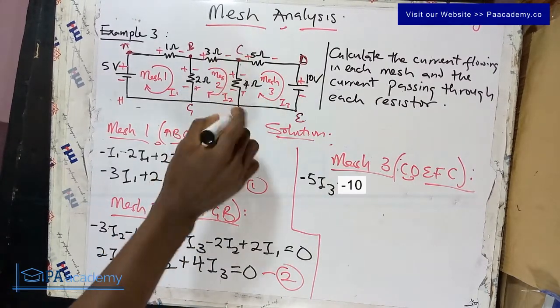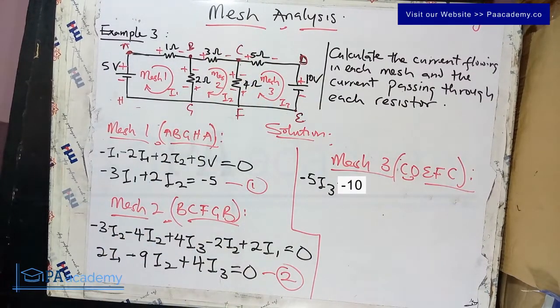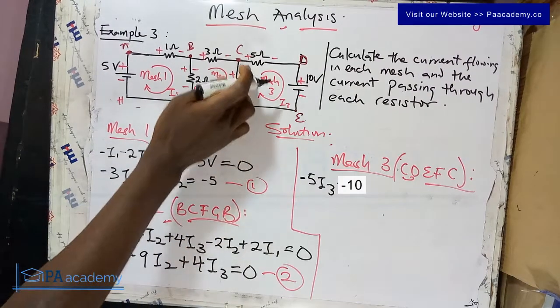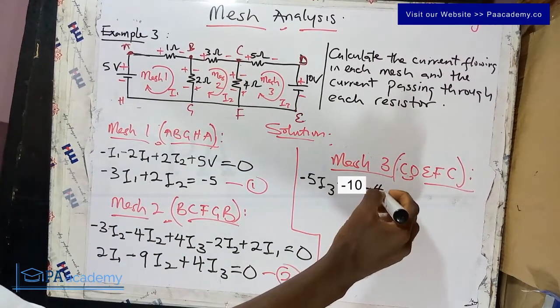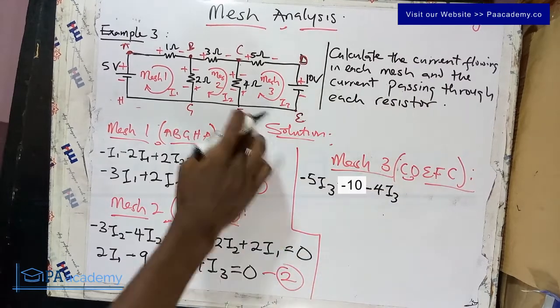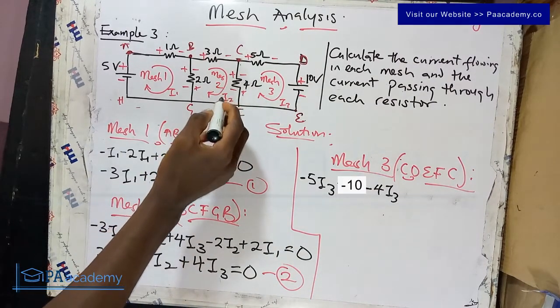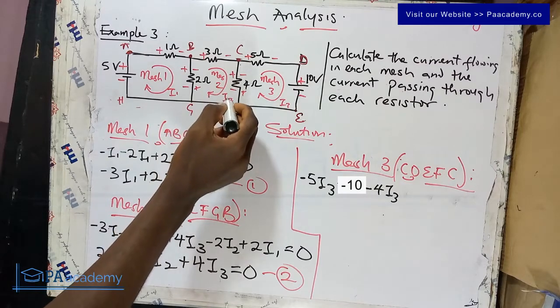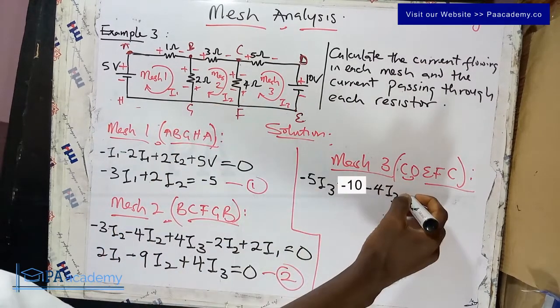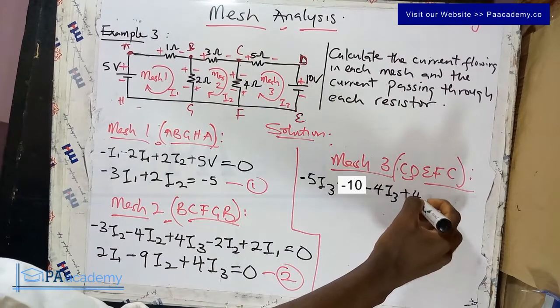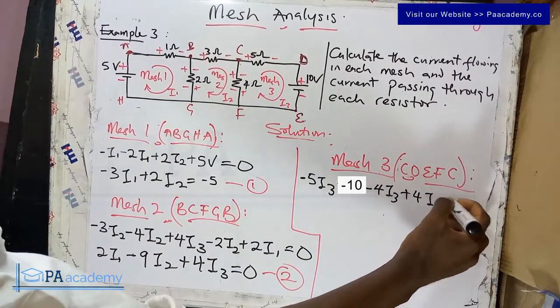From F to C, we have a 4 ohm resistor. From positive to negative, this is going to be minus 4I3. Also, from negative to positive this time around, due to I2, that is going to be plus 4I2 equals 0.